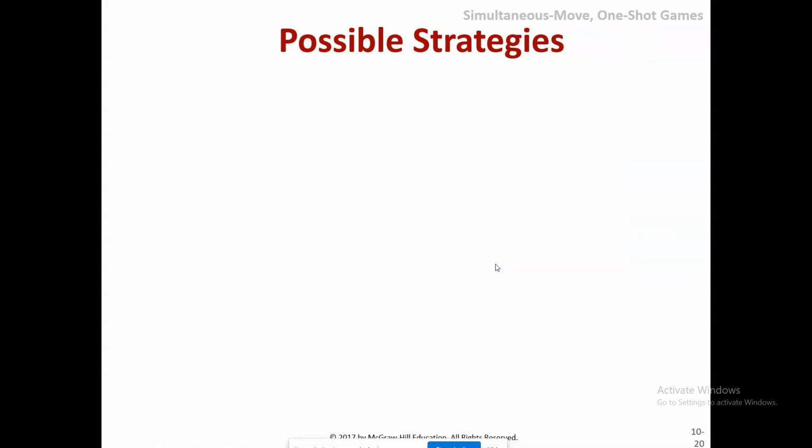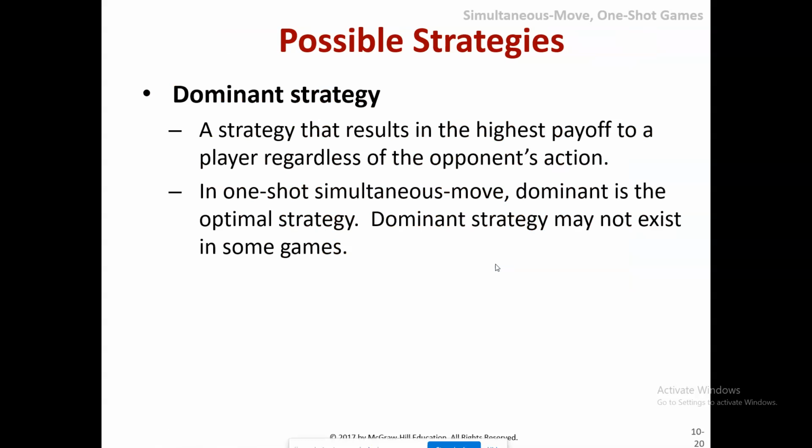Now let's look at different possible strategies of players. The first one is dominant strategy for each player. Dominant strategy refers to a strategy that results in the highest payoff to a player regardless of the opponent's action.